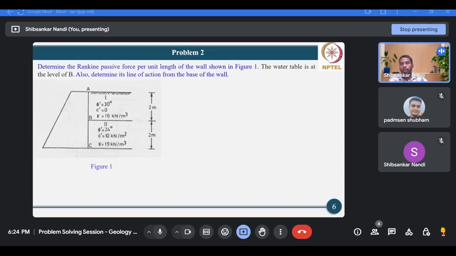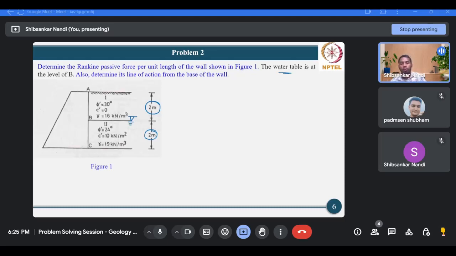The phi value is 30 degrees, C value is 0, and gamma value is 16 kilonewton per meter cube, and it has a thickness of 2 meter. Whereas the bottom layer is cohesive frictional. Angle of internal friction is 24 degree, the cohesion is 10 kPa, the unit weight is 19 kilonewton per meter cube, and it has a thickness of 2 meter. As mentioned in the problem, there is a water table at this level.